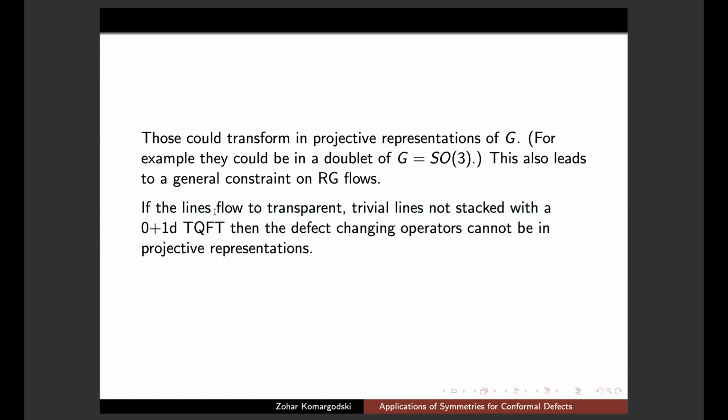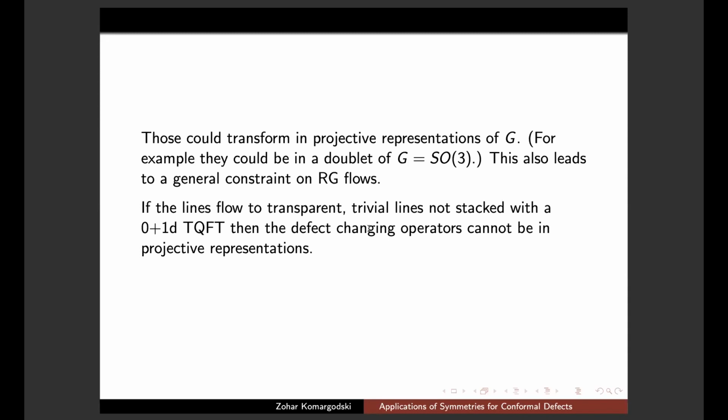If the lines flow to a transparent trivial line that is not stacked with a 0+1 dimensional TQFT, then the defect changing operators cannot be in projective representations. So just knowing the defect changing operators are in projective representations rules out a scenario in which the line is completely screened and completely trivial with no 0+1 dimensional TQFT.